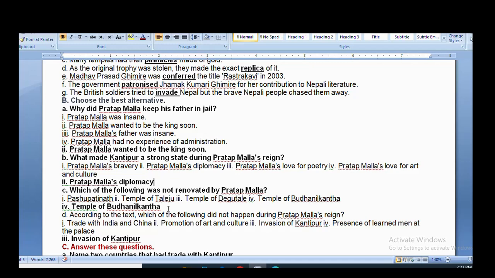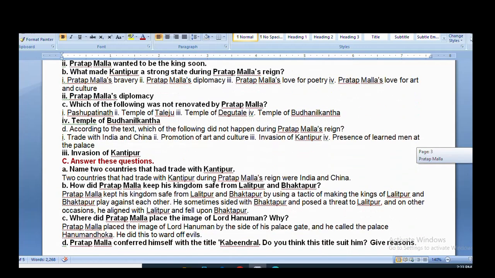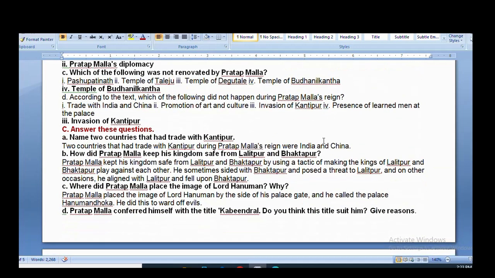That is the Temple of Buddha Nilkantha, the correct option is IV. According to the text, which of the following did not happen during Pratap Malla's reign? The correct option is III, invasion of Kantipur.